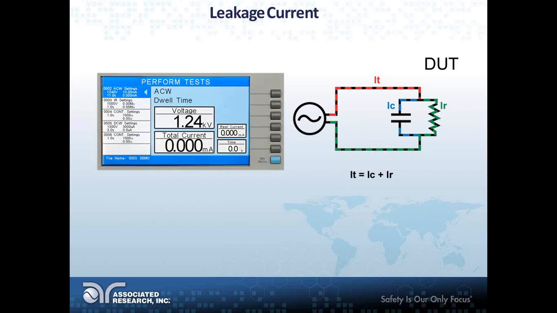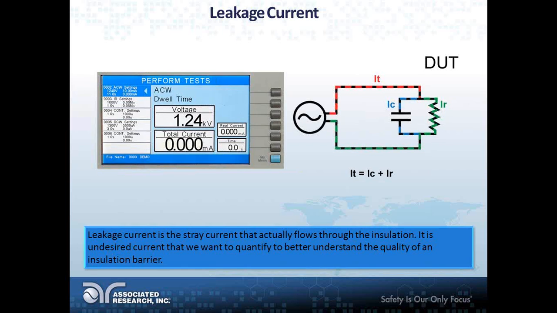On the left, again, looking at the screen of the Hipot tester, you can see that an AC withstand test of 1.24 kV is set to run, and the total current is being displayed by the big meter, but on the small meter on the right side of the screen, you can see there's a real current measurement as well.